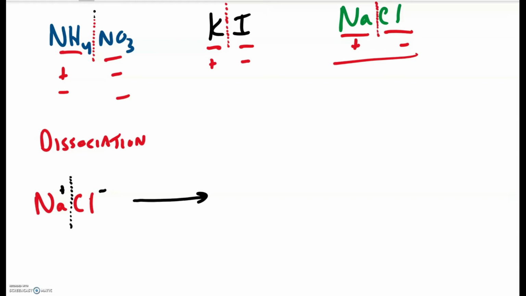So, what happens when we take this compound and put it in solution, what we call aqueous, that's this guy here, aqueous. It actually dissociates, it completely separates into a sodium ion that is positively charged and a chloride ion that is negatively charged.